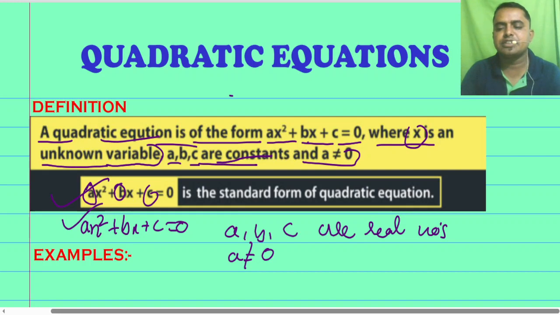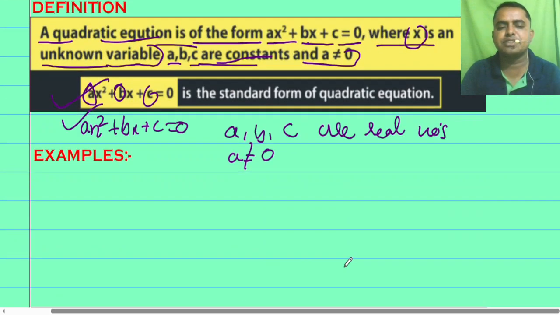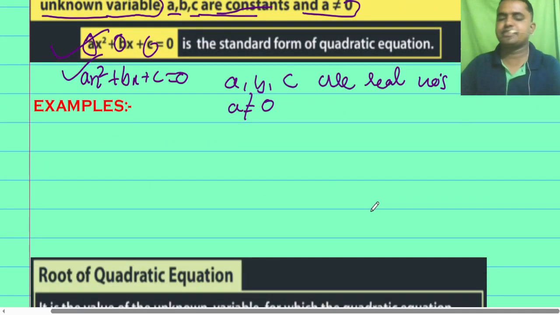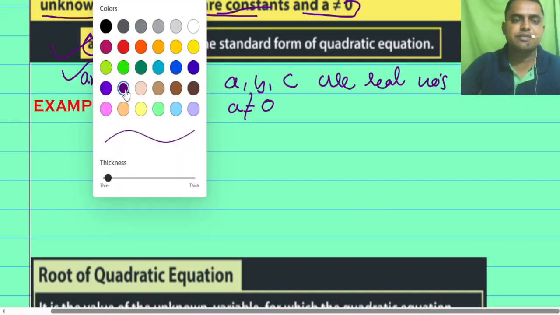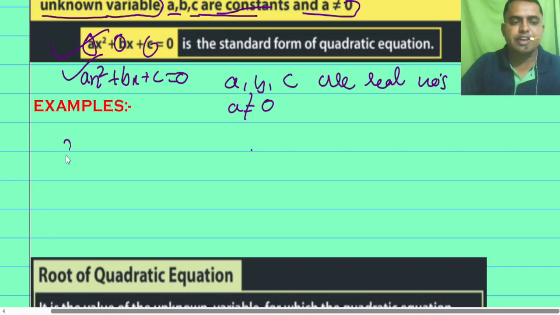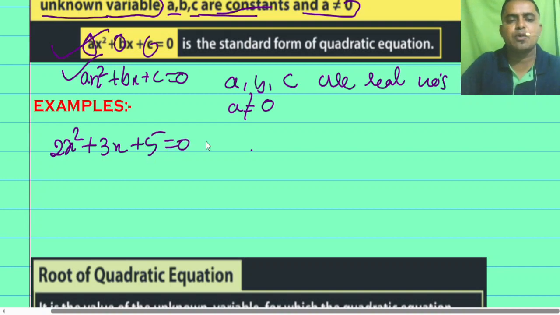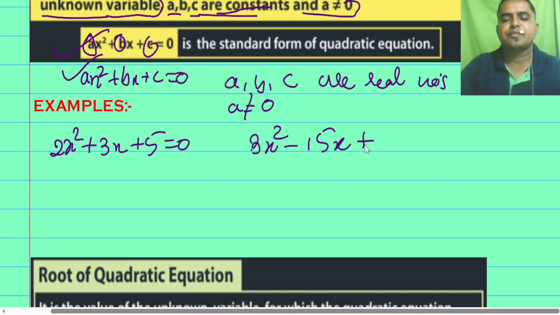Let us see examples of quadratic equations. First, I am going to write the examples here. 2x square plus 3x plus 5 is equal to 0. Another example, 3x square minus 15x plus 9 is equal to 0.